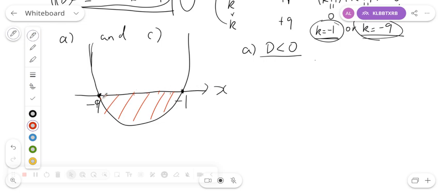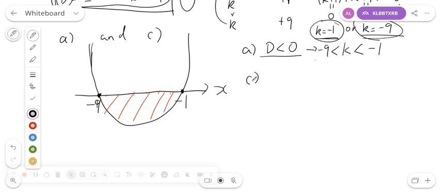So D is a negative number. My k is in between -9 and -1, and we're not including them, because if I include them, I'm going to have D equals 0. So k is greater than -9 and smaller than -1.